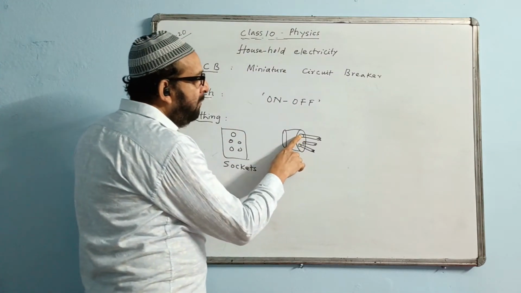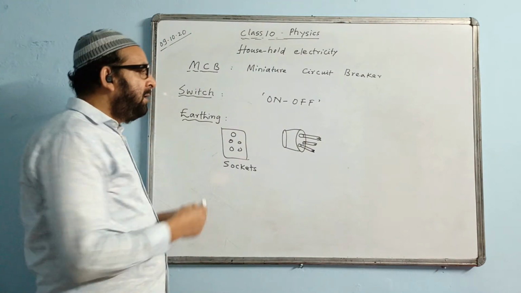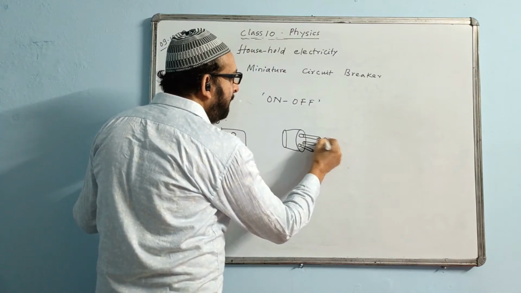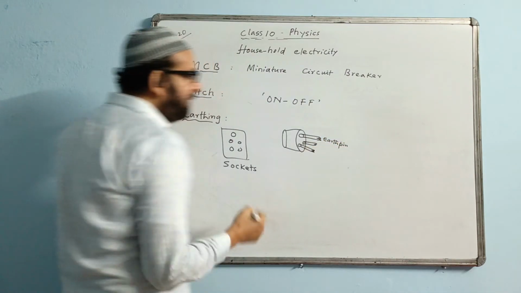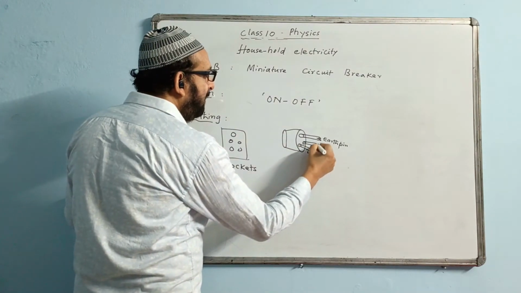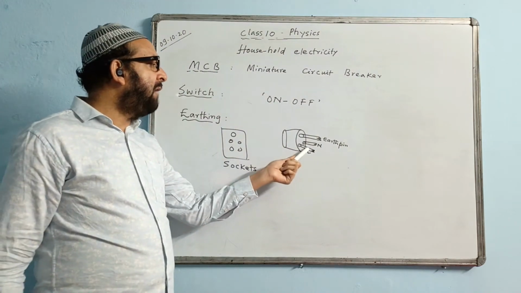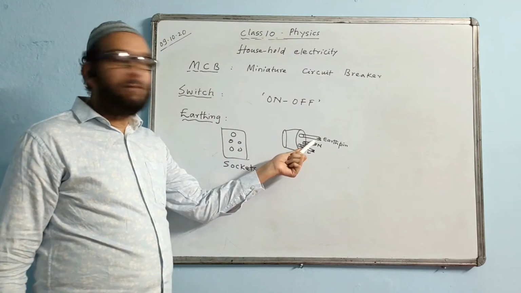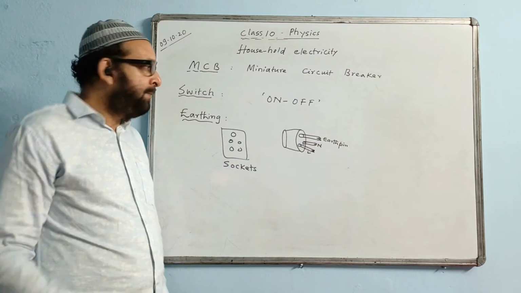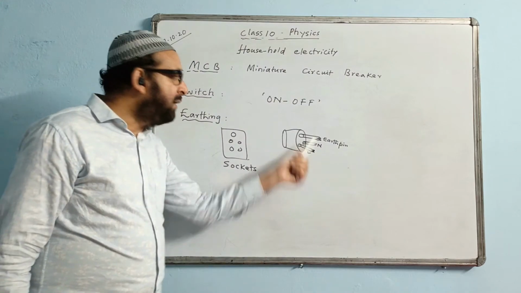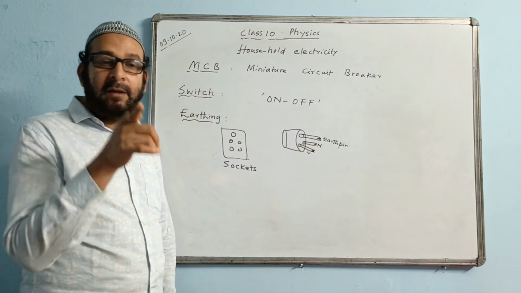One pin will be thicker, and the other two will be of the same size. The one which is thicker is the earth pin. The other two pins are of the same size. This side will be the live and the other side will be the neutral pin. This will have a connection with the live wire, this with the neutral wire, and this with the earth wire, the earthing. Out of the 3 pins, the earth pin is made longer and thicker.